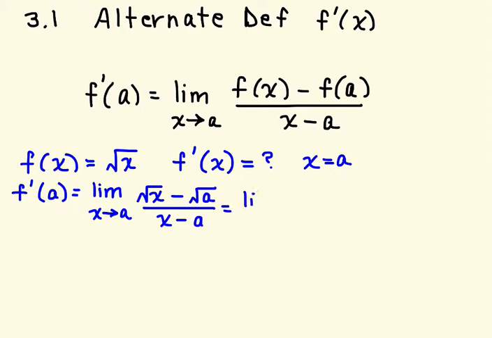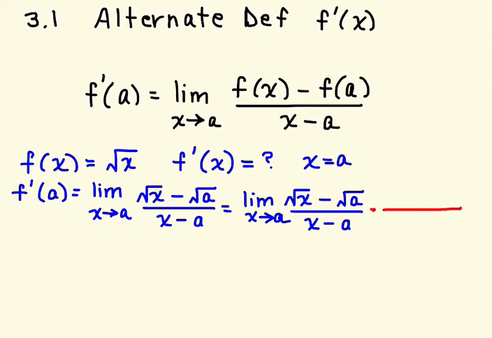And that is the limit as x approaches a of, and what we're going to do, let me grab this. I'm going to multiply this by 1. Multiplicative identity of 1 says if you multiply something by a 1, you do not change its value. But I'm going to express what I'm multiplying by 1 as a ratio, and it's going to be the conjugate binomial of the numerator.